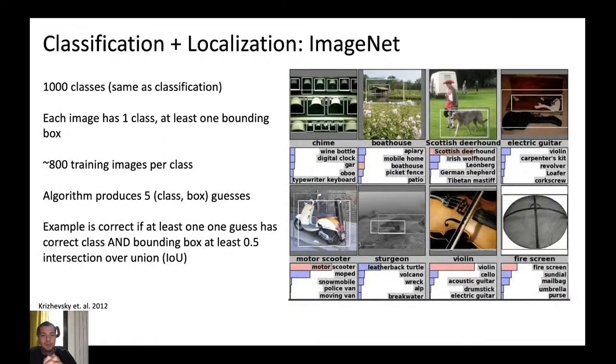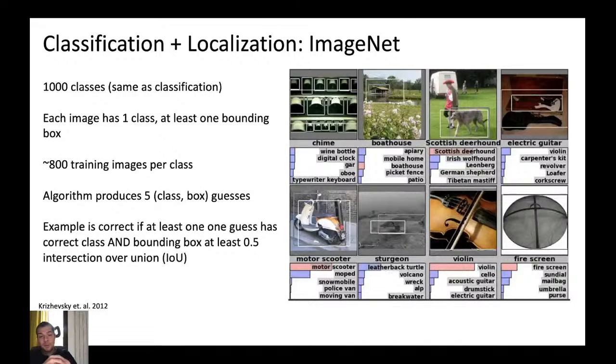5 guesses. One guess means that we provide the class label and also the bounding box of the object. Just as in the classification task, we can propose 5 class labels for an image, and our prediction is considered correct if the correct class is in these 5 guesses.